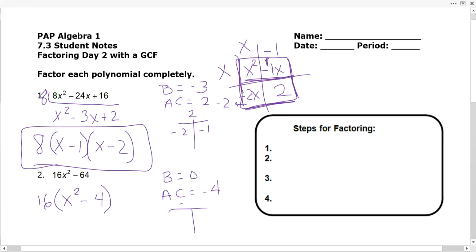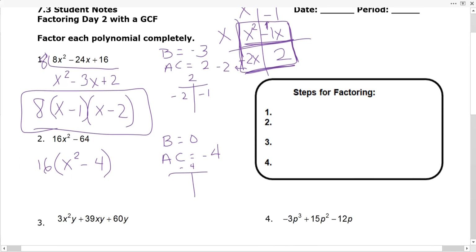So if my product is -4, I end up with -2 and +2. So when I make my box, man, I wish I had more room. I have x squared, minus 2x, plus 2x, and -4.